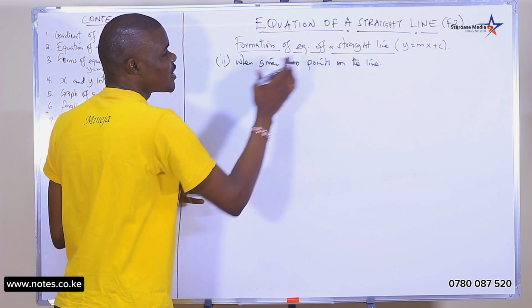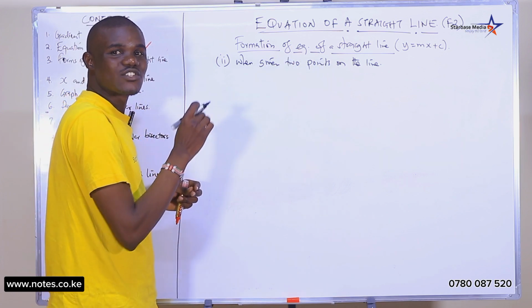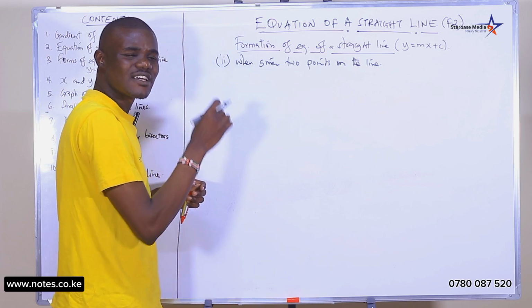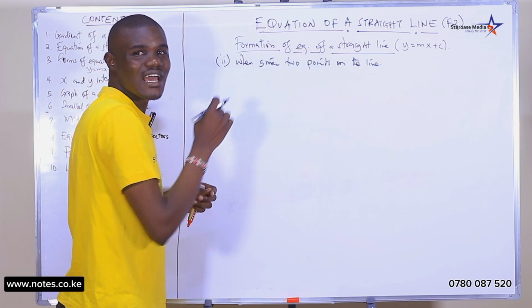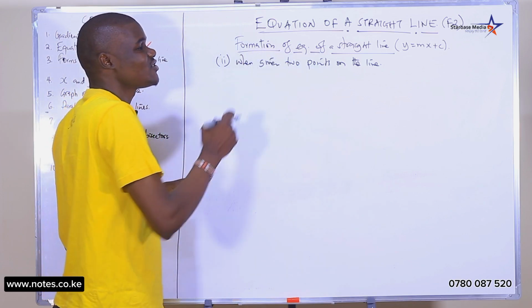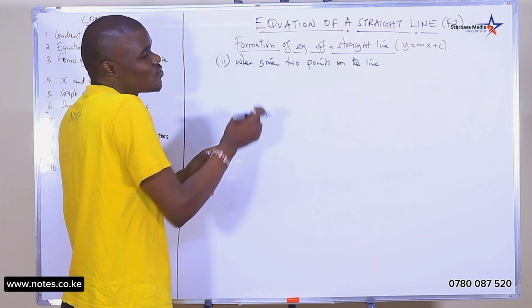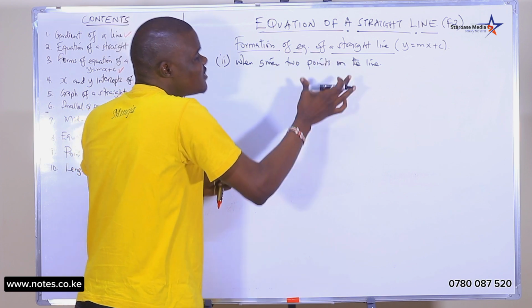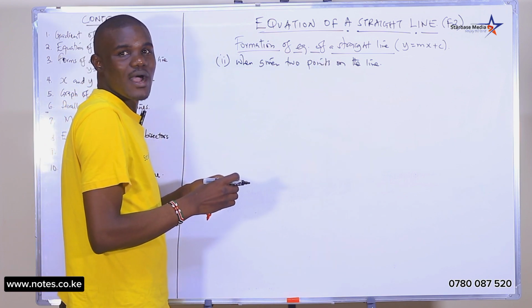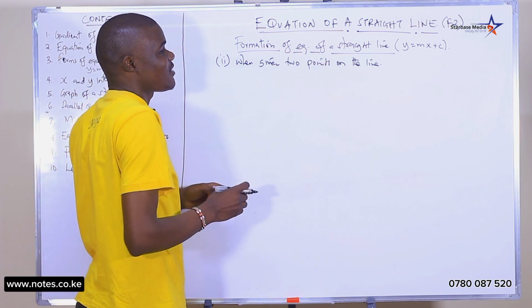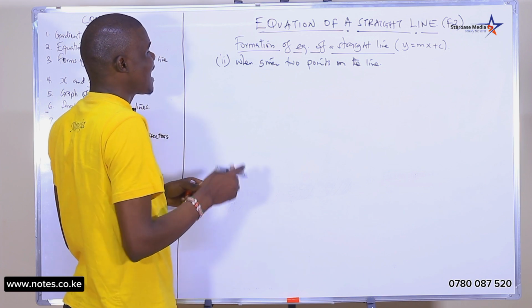When you're given 2 points, the first thing is to find the gradient. That is the very first thing you do. How do you find the gradient? Gradient is change in y over change in x. With that gradient, you take 1 point of these 2 points given, and then you are able now to substitute and find the equation of the line.